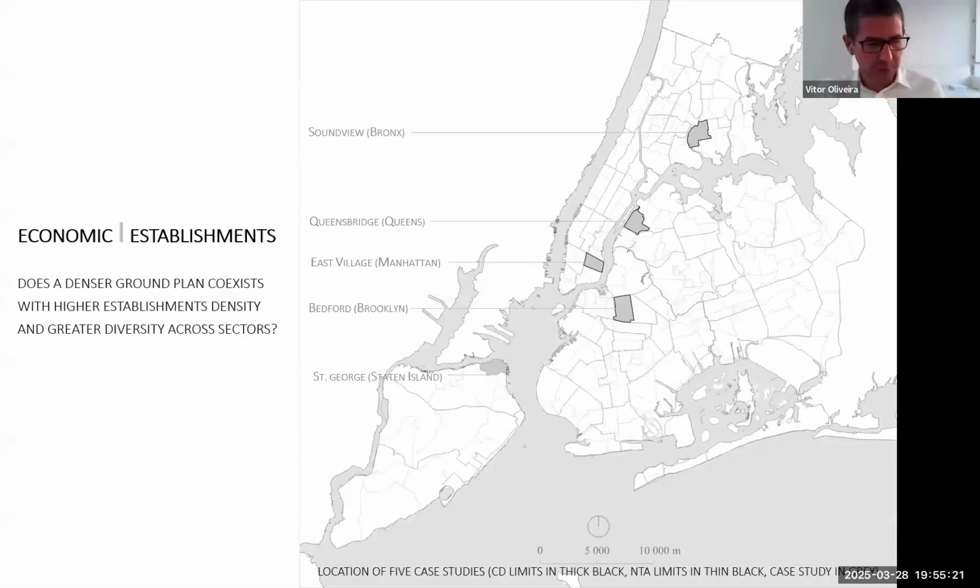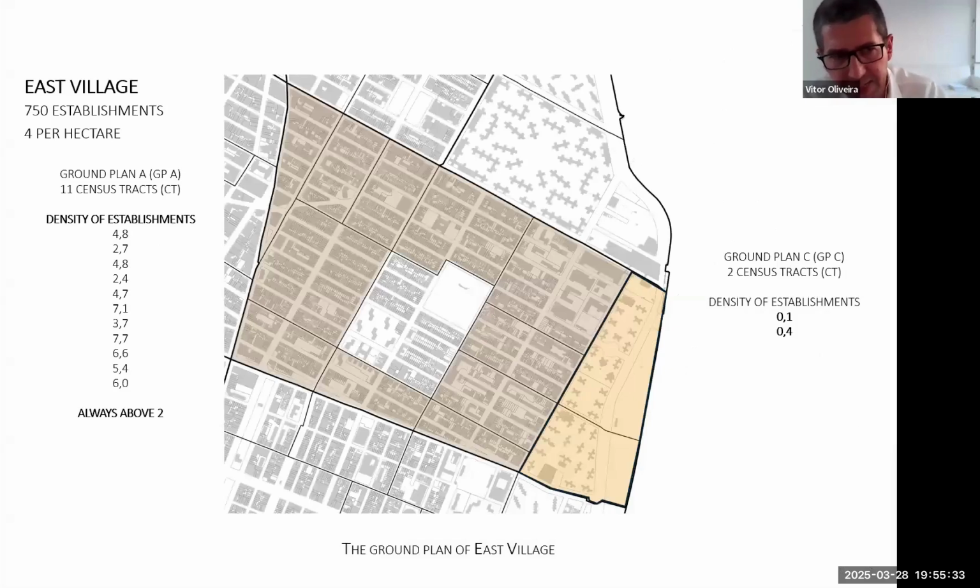So after looking at people, we looked at establishments. We have used the same 5 case studies, and again, I'm using East Village to illustrate the procedure. In ground plan A, we found a very high density of establishments.